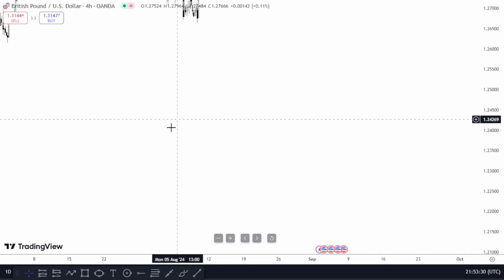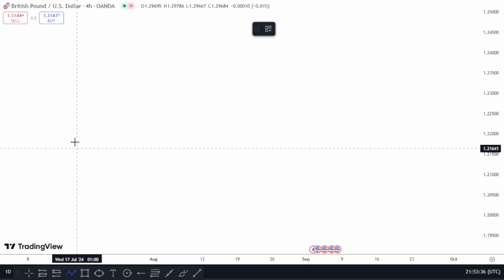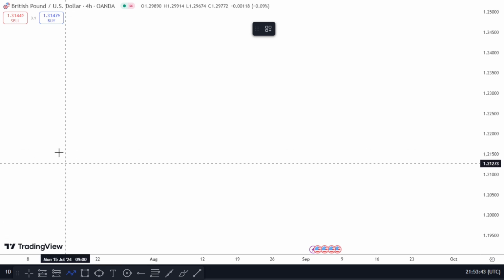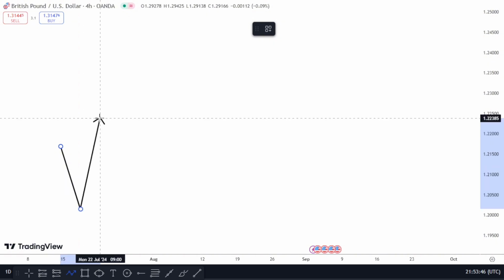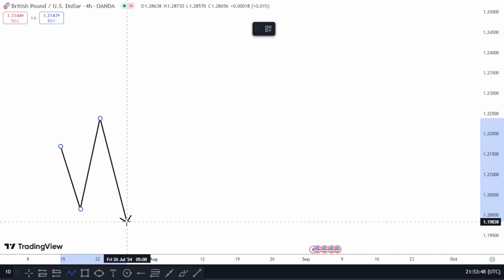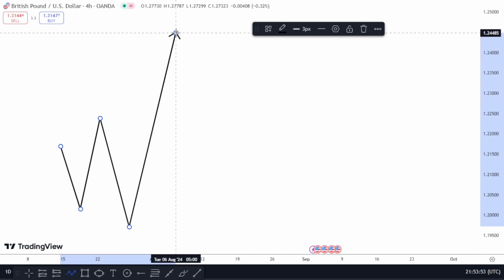All right. So now we're going to be using our technical tool. Let's say the market is pushing to the downside, and then you have a sweep of liquidity, and then you have a break of structure to the upside.